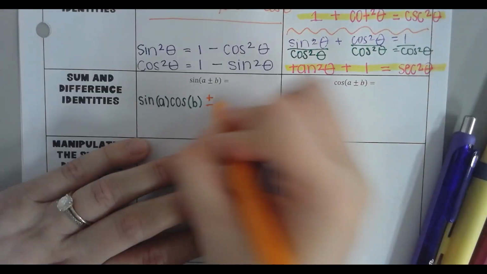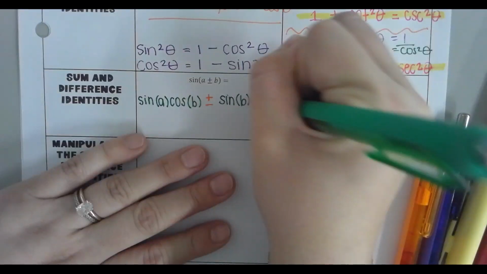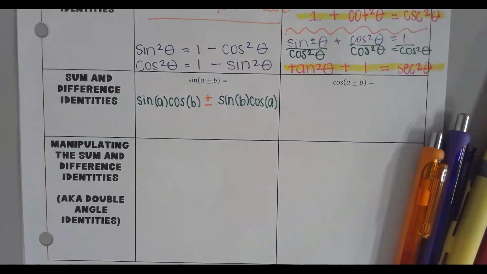Sine A cosine B plus cosine A sine B. So if your original problem was plus, this one's going to be plus. It's sine cosine on both of them, but the first time it's AB, then it's BA. And that sign stays the same. We'll look at some actual examples.